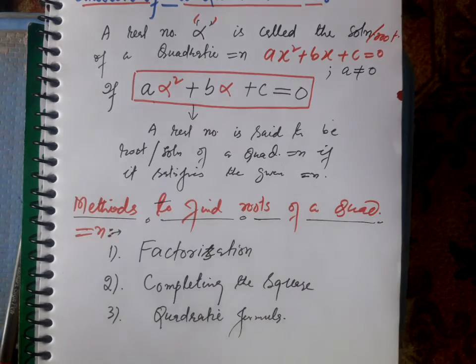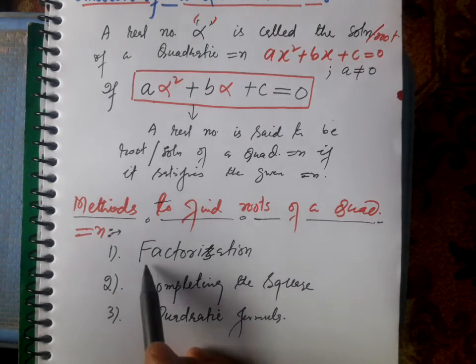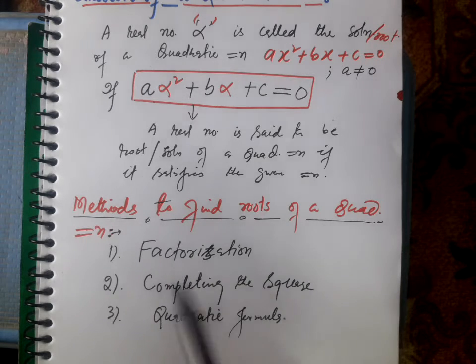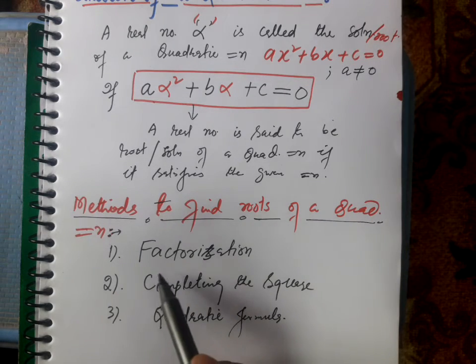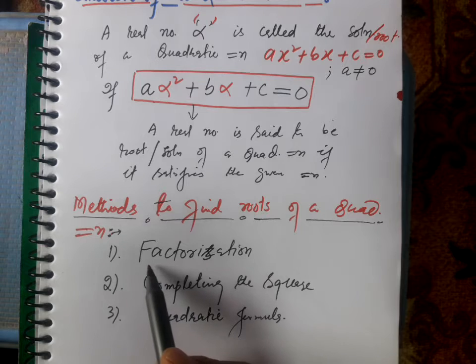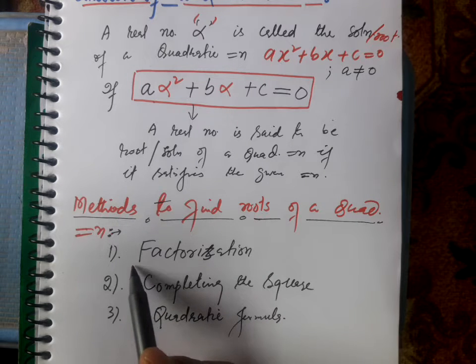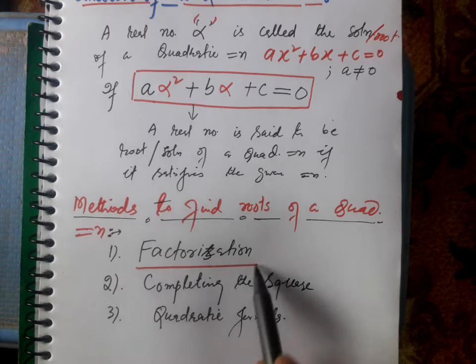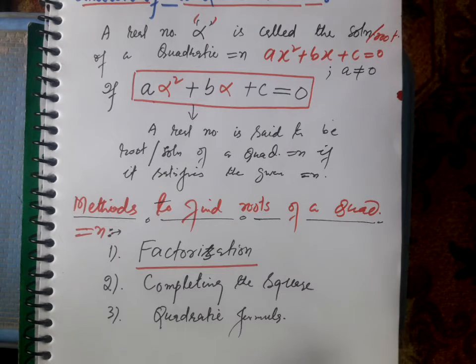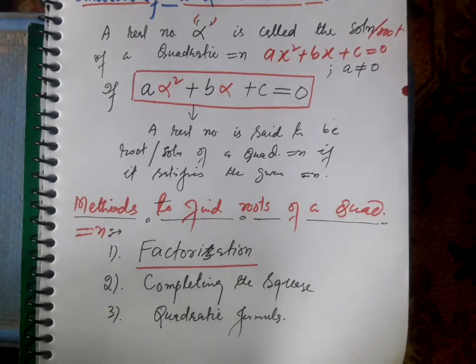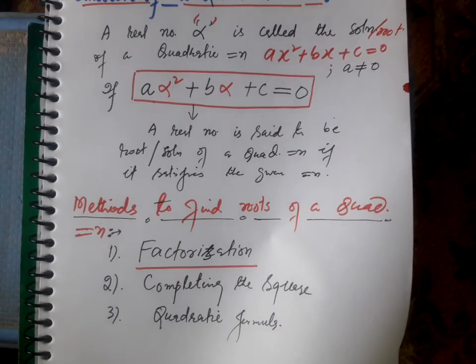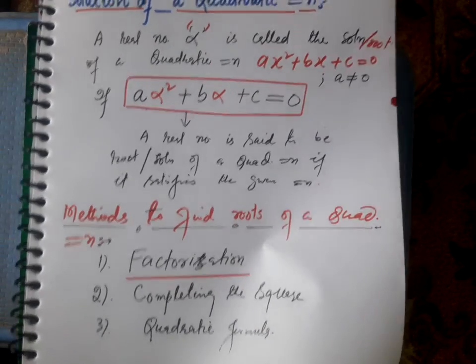These are the methods known to find the solution of a quadratic equation. Now in this session we will learn how to find the roots of a quadratic equation by factorization.